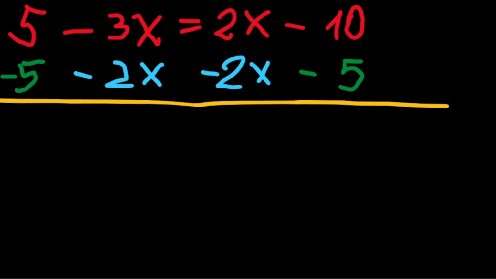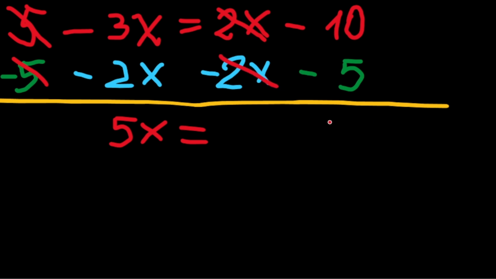So 5 plus 5 and minus 5 cancel each other. Minus 3x minus 2x: minus with minus makes plus, so 3 plus 2 is 5x. Actually, it is minus 5x. We have equal. Plus 2x and minus 2x cancel each other, and we're left with minus 10 minus 5.